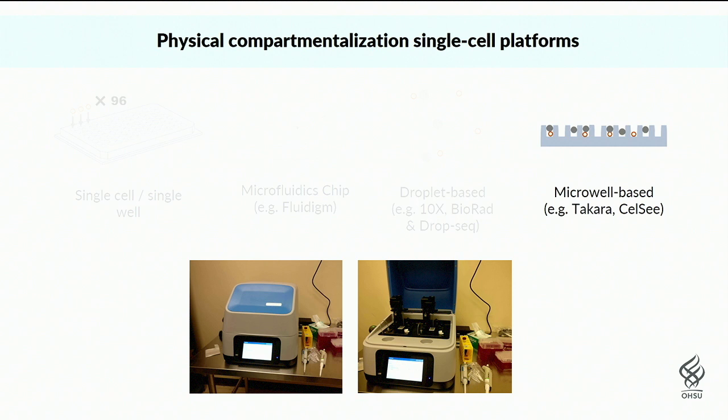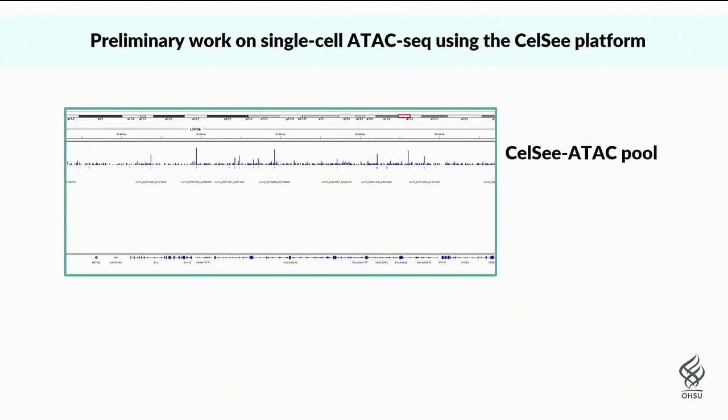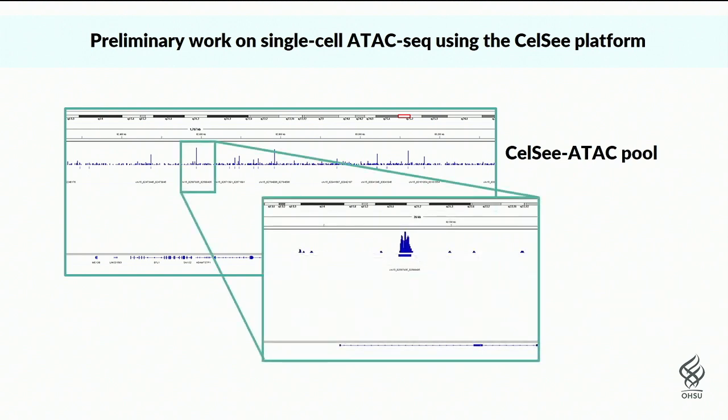We're doing some work on the Takara ICELL8 system, as well as the Celsee system, which I'm showing here, a micro-well-based platform where you get chips of 100,000, 250,000, and then million micro-wells. We developed the ATAC-seq workflow on this platform using their open tool development platform. You can see that we get nice signal at these accessible regions.